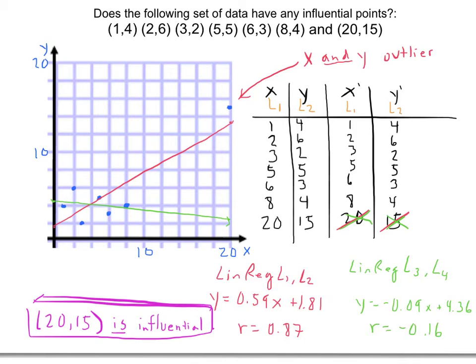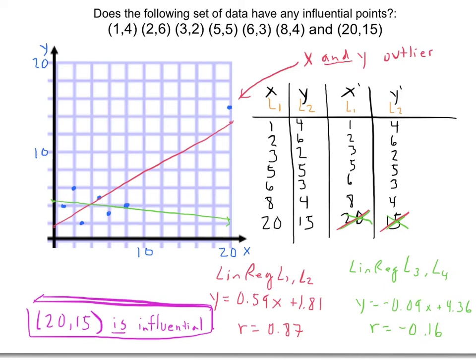Now this R is like Spearman's R, but it's for unranked data, because this didn't have any rank first, second, third, fourth, it just jumped up there to the 20th. But this tells us the strength of that correlation. So it's sort of interesting here that when we put that influential point in, that had a strong positive correlation, that it gave it a real shape that had to trend up.